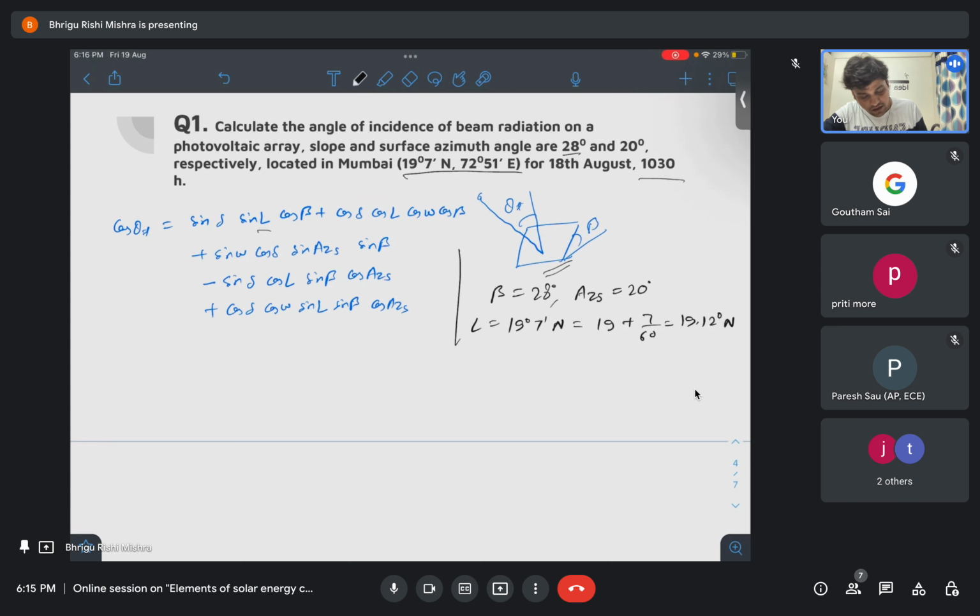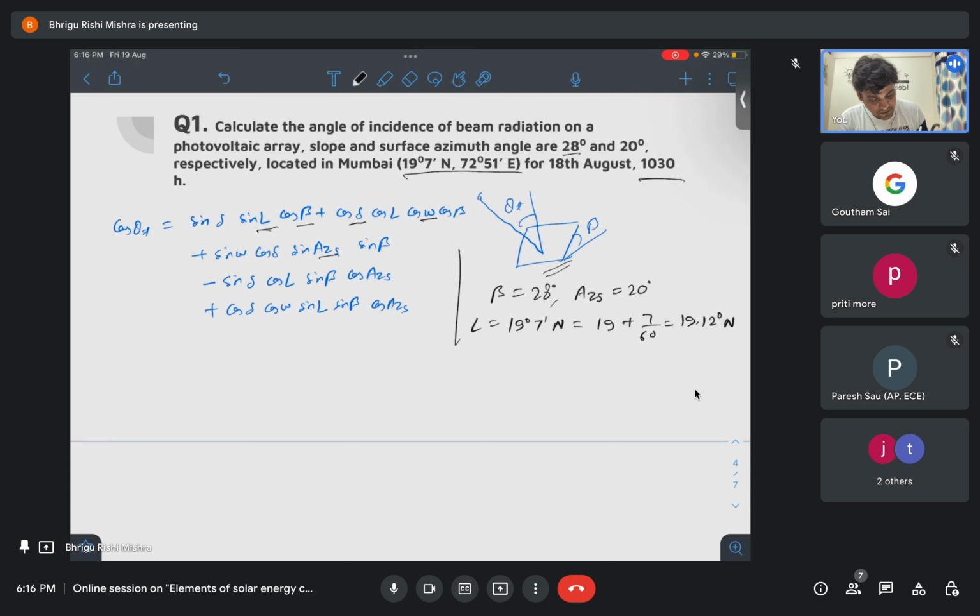Okay, and what else do we need? We have the latitude, beta, and surface azimuth angle. We further require delta as well as omega, our hour angle. The time is given as 10:30, so we can calculate our hour angle based on solar noon.